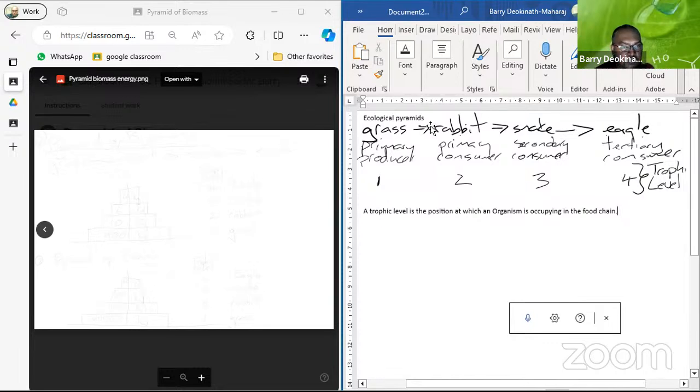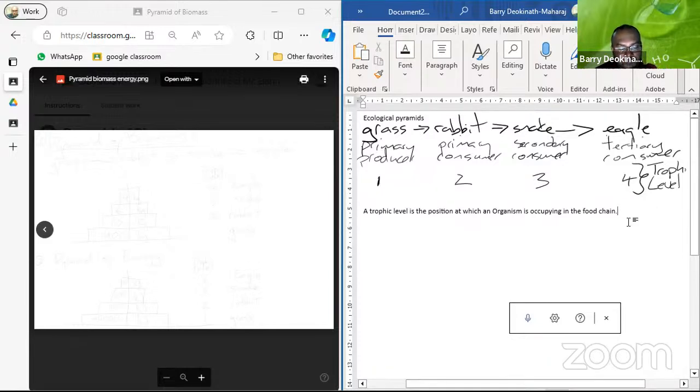The head of the arrow would also be by the one doing the consuming, right? So always remember that, because typically you might get almost a whole mark for the correct direction of the arrows. A lot of times students would do the food chain correctly, but they would have the arrows in the wrong direction. So we number them 1, 2, 3, 4, and these are called the trophic levels.